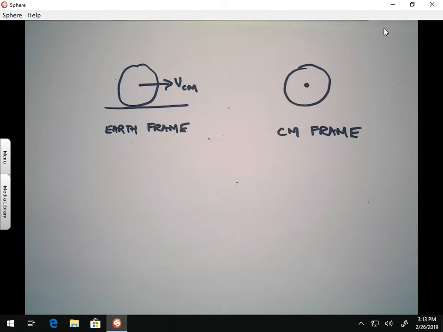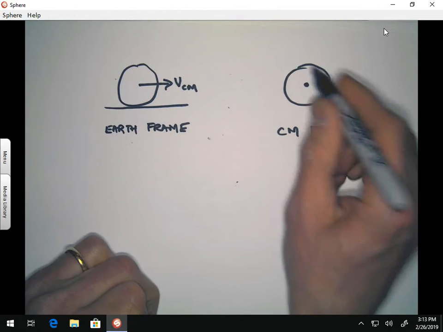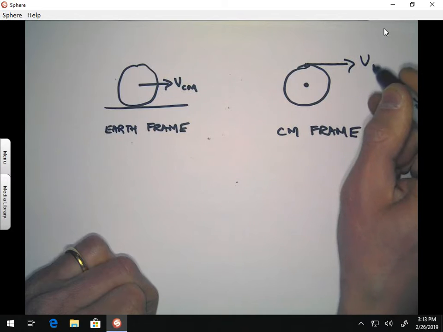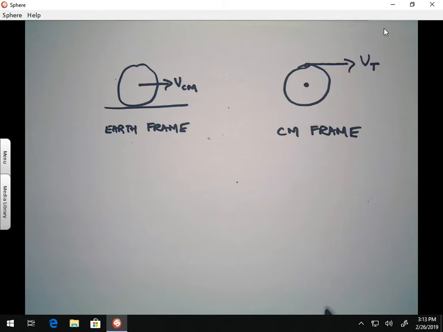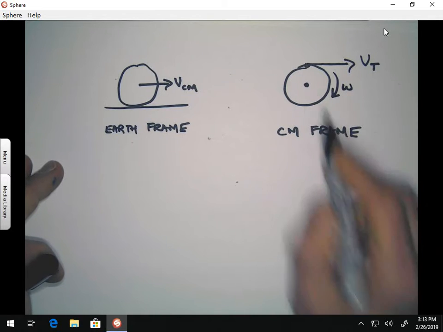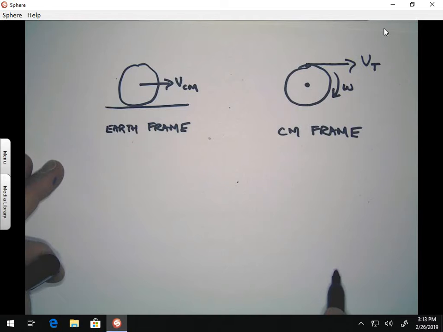But if you look around you, everything else is going to be moving. If I was living at the origin and I looked up, I would notice that this edge of the ball is moving with some tangential velocity to the right. The reason is because the ball is rotating.